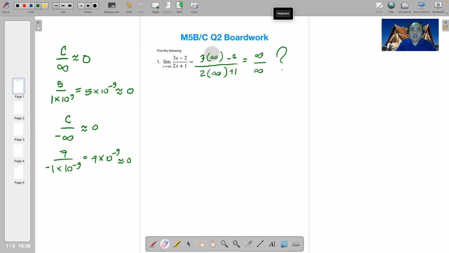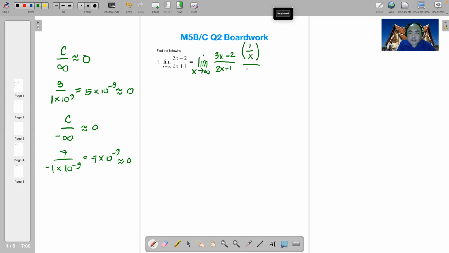So if we can't do that, what can we do? This is what we're going to do now. Typical of finding limits at infinity is first asking what is the highest exponent with respect to x. In this case, the highest exponent with respect to x is 1, or that's x. What do you do with that information? We are going to multiply this by 1 over x divided by 1 over x.